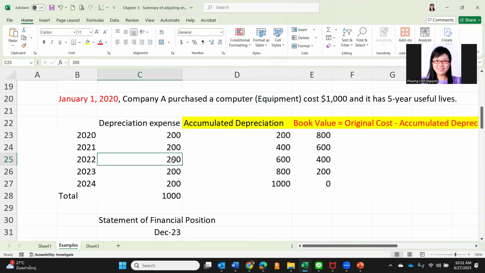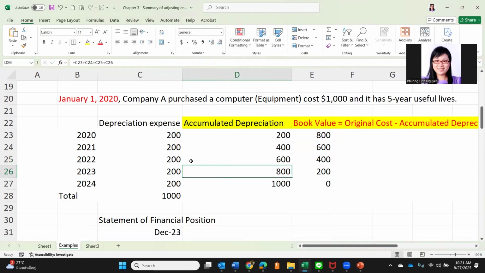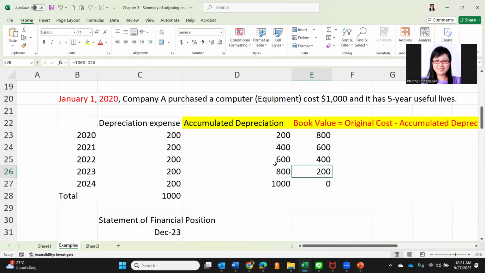And then year three is going to be depreciated by 200. So accumulated depreciation will be 200 plus 200 plus 200, that will be 600. And book value will be 1,000 minus 600, that will be 400.